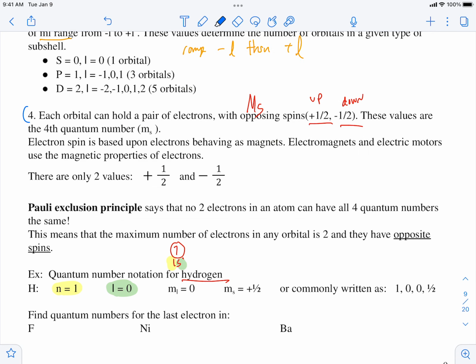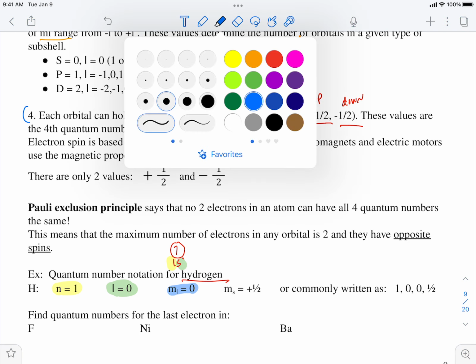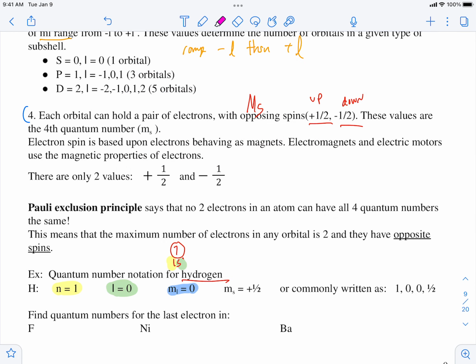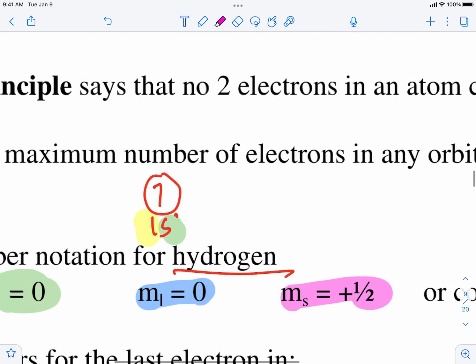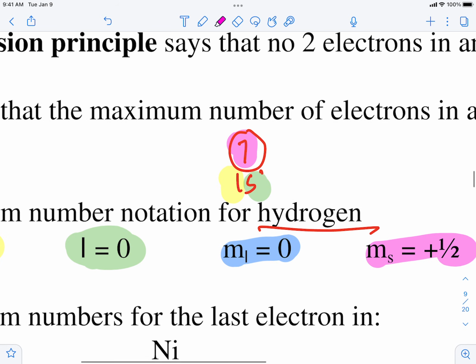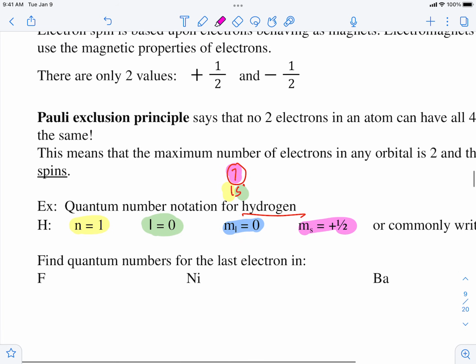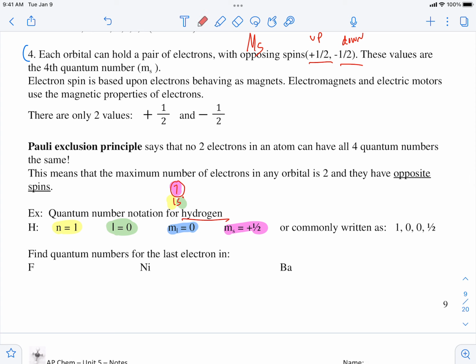The magnetic quantum number is which orbital is it in the set? In an S sublevel, there is only one orbital, so it must be the 0 value, the middle. And then the magnetic spin: is it up or down? It's up. So the quantum numbers would be written as 1, 0, 0, +1/2.